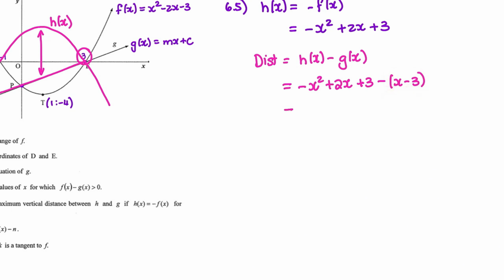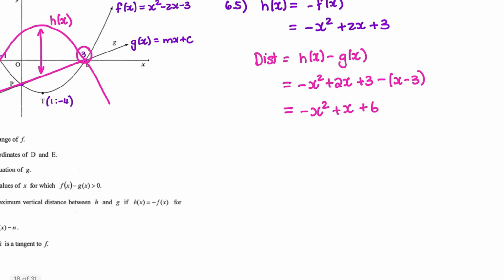So I have a new equation for the vertical distance, and that is -x squared plus x plus 6. When I simplify, I have -x squared plus 2x minus x, that becomes plus x, and then plus 3 minus minus 3, which becomes plus 3, and that's where the plus 6 comes from.